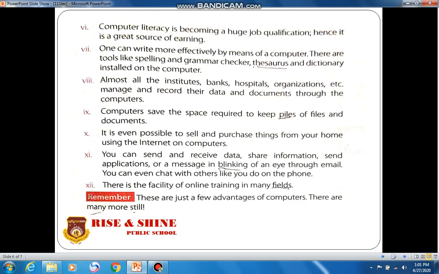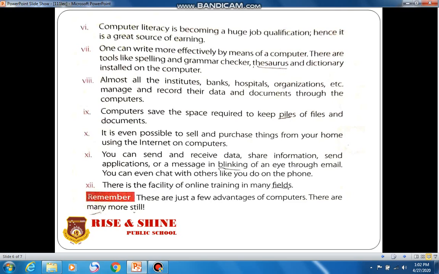We can even talk using the computer with each other as we talk through the telephone. There is a facility of online training in many fields. So we don't need to go to the specific institute to take the training. We can just take admission in the institute, and we can get online training through the internet.